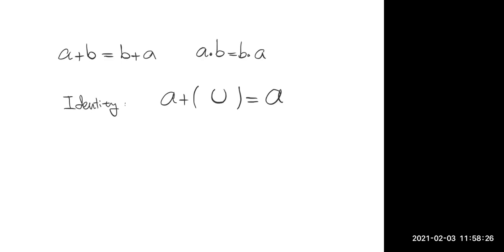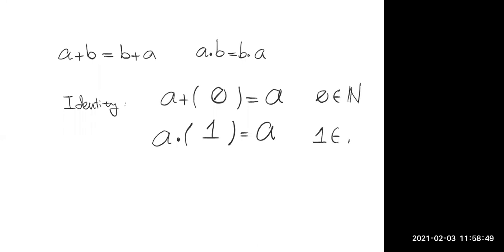We assumed 0 is a natural number. What about multiplication? Yes. Again, 1 is a natural number. So because 0 and 1 are natural numbers, these two are correct.